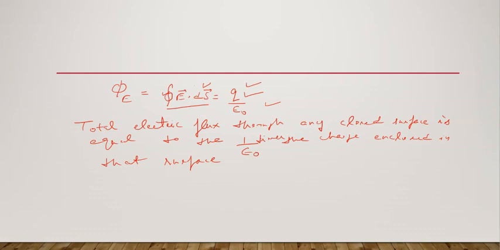Now let us start the discussion. Suppose here is a charge, and because there is a charge, there will be an electric field due to this charge. What Gauss suggested is that to calculate the electric field due to this charge, there must be a hypothetical Gaussian surface of any arbitrary shape.